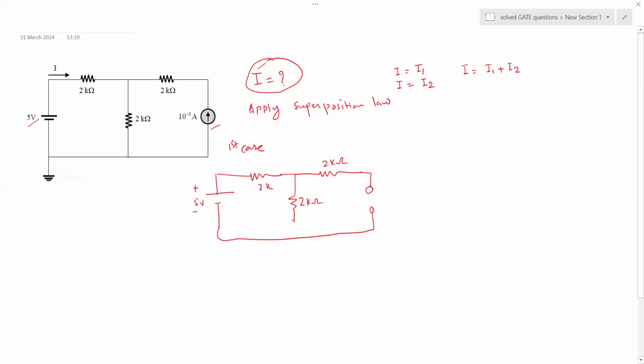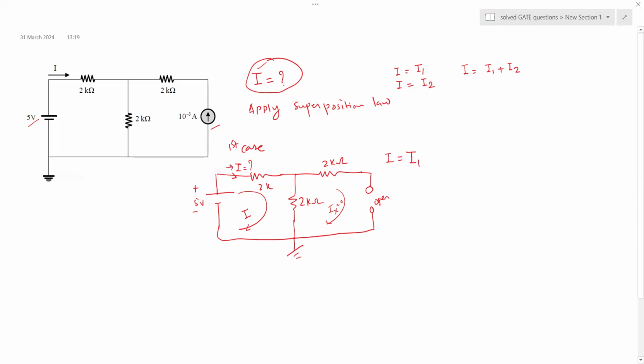You see this is your ground and this is your open. So obviously there is no current in this loop. This current, let's call it Ix, is equal to 0. However, you have this current I that needs to be calculated. This I is nothing but the current flowing here, so let's call it I1, which is I.